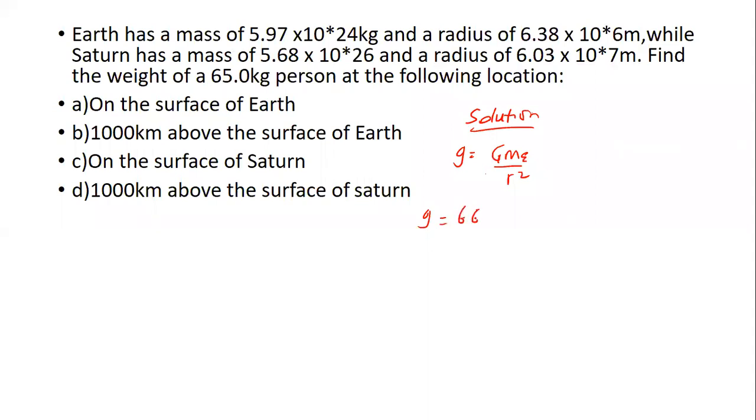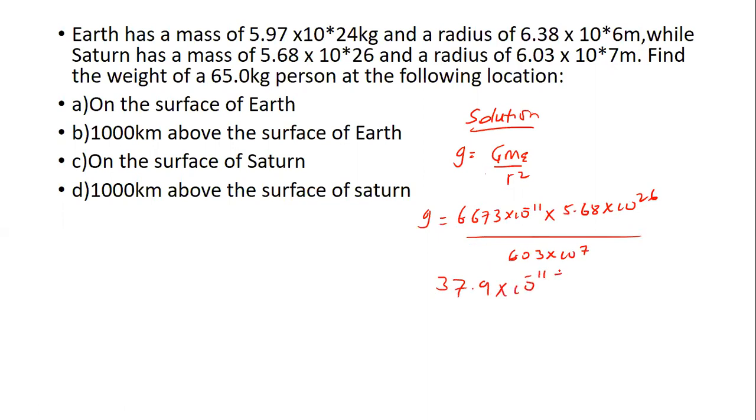G is 6.673 times 10 to the power negative 11, times the mass, 5.68 times 10 to the power 26, over R squared. The radius is 6.03 times 10 to the power 7. If you multiply these two, 6.673 times 5.68 will give you 37.9 times 10 to the power negative 11 plus 26.